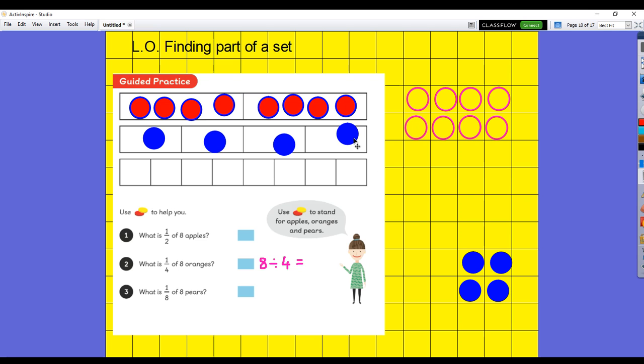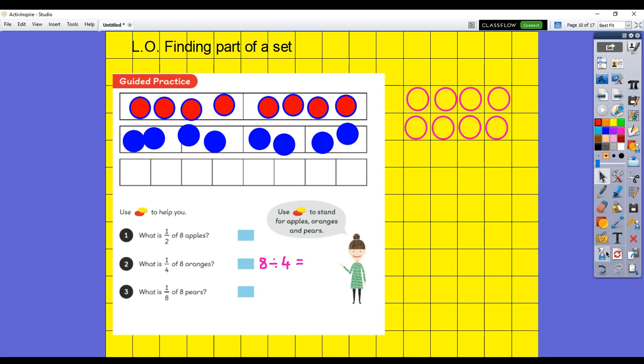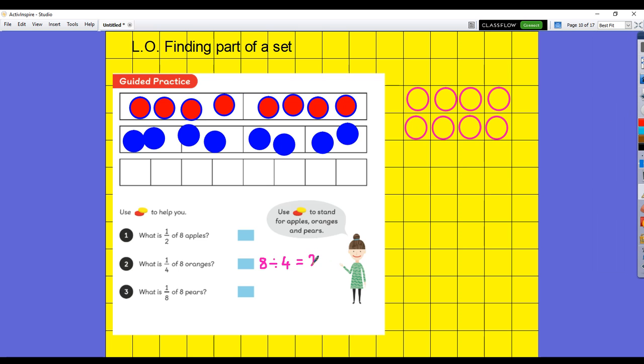So there's 4, and then you put them in again, and we know that it's going to be 2 in each. We also know it's going to be 2 because 4 2s make 8, so 8 divided by 4 is going to equal 2. So a quarter of 8 oranges is going to be 2. Half of 8 apples is going to be 4 apples.